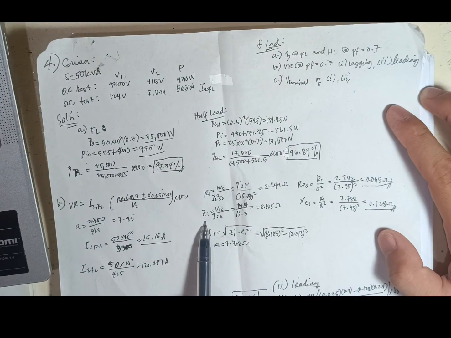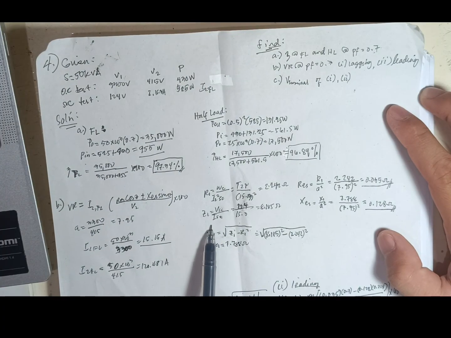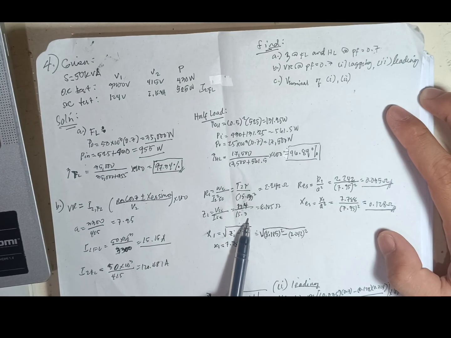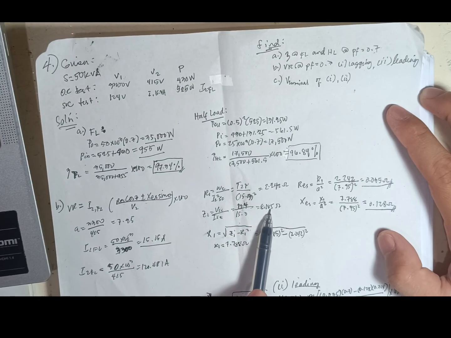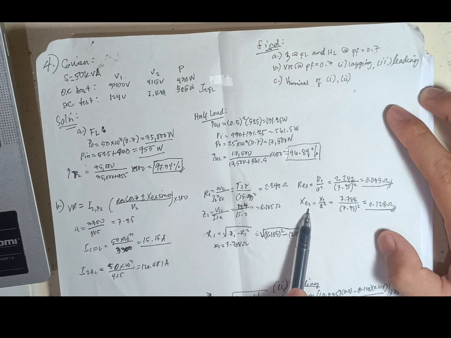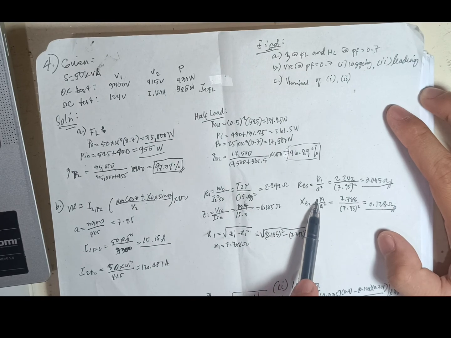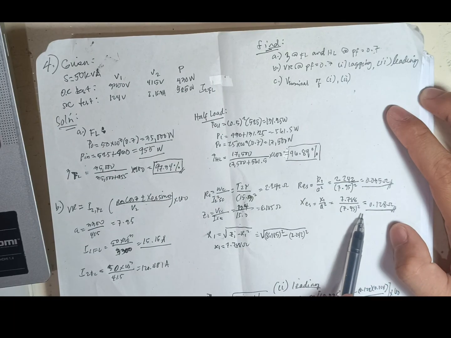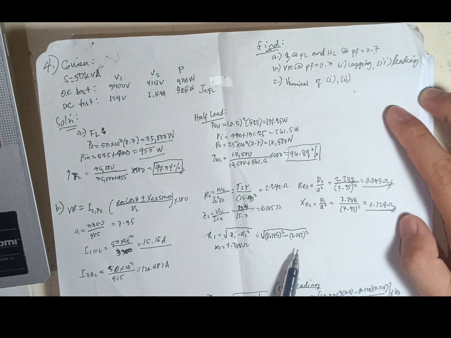By getting the impedance, VSC over ISC is equal to 124 over 15.3, which is equal to 8.185 ohms. And the secondary reactance is X1 over A squared. Plugging in the value, we get 0.128 ohms.